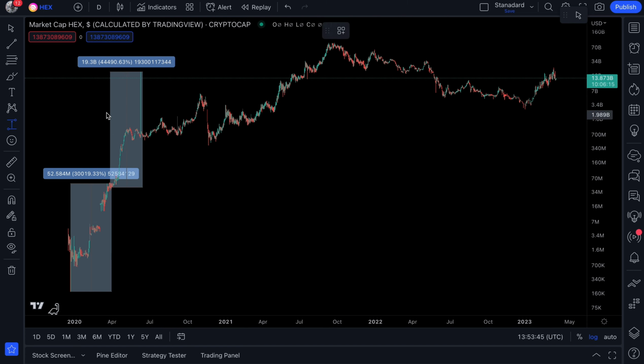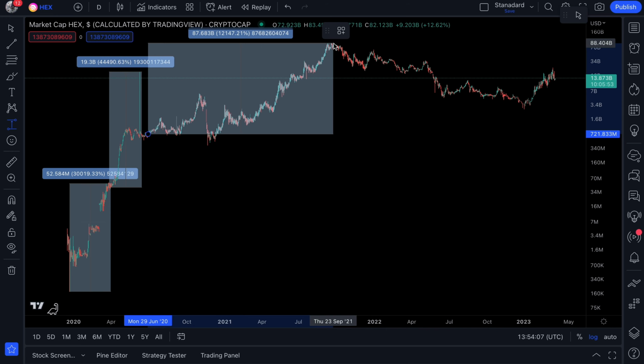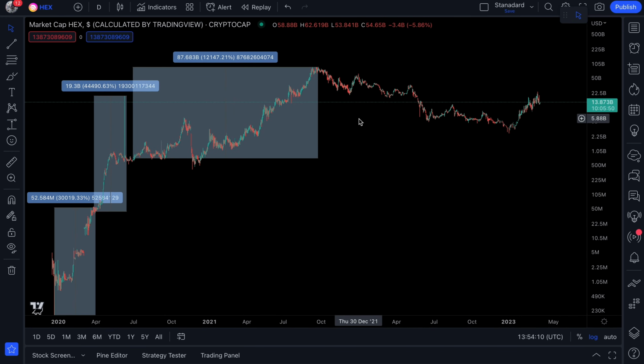And then, of course, if you bought at the start of the third quarter, let me just do that again, guys, 2 seconds. So if you were to buy at the end of June, you would have bought at $721 million market cap, and then you held until the peak that we saw in September, which was the 24th of September 2021.